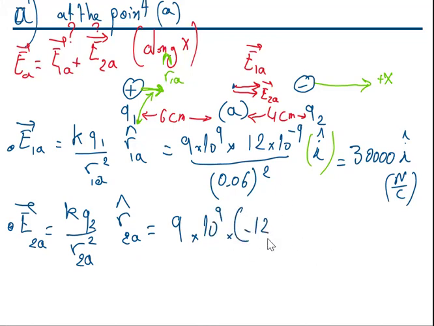In this case, Q2 is negative 12 times 10 power negative 9, because it's nano-Coulomb, divided by the distance between the point charge and the point field. It's 4 centimeters, so that means 0.04 squared multiplied by r hat to A. r hat to A is a vector pointing from the charge Q2 to the point A.